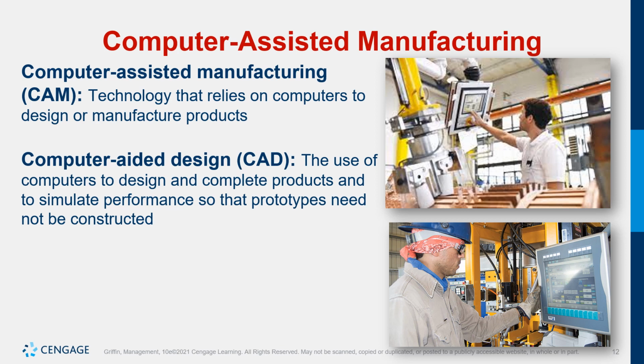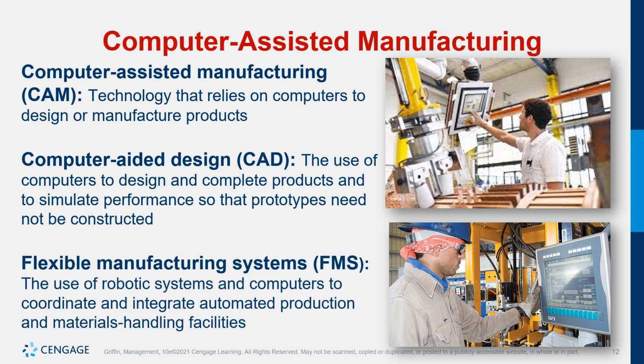Computer integrated manufacturing, or CIM, allows for coordination among all manufacturing activities, linking computer-aided design and computer-assisted manufacturing systems. Flexible manufacturing system, or FMS, is the use of robotic systems and computers to coordinate and integrate automated production and materials handling facilities.